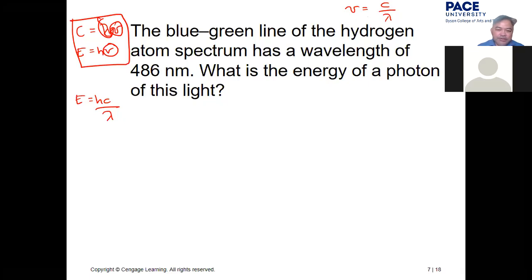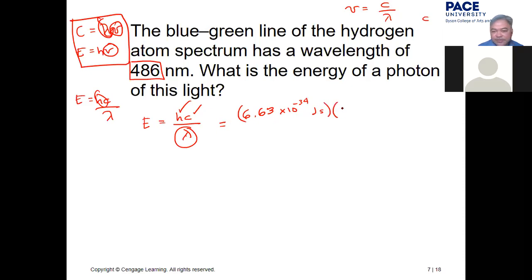We're given the wavelength, the speed of light C, and the Planck constant. So what you have here is E equals h times c over the wavelength. These are all constants, and this one is given. So if you replace it, 6.63 times 10 to the negative 34, that's usually joule-seconds.